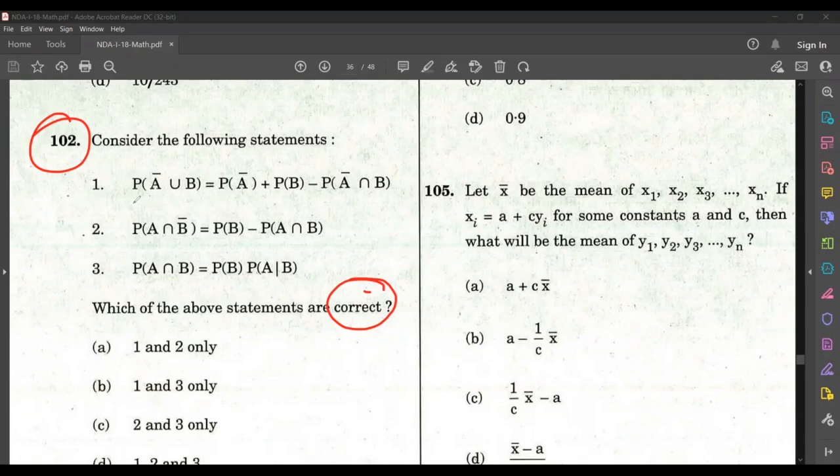So read it. P of A complement union A bar union B is equal to P of A bar plus P of B minus P of A bar intersection B. So do it. Check it. I want all of you to check.